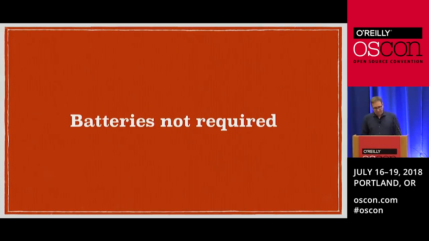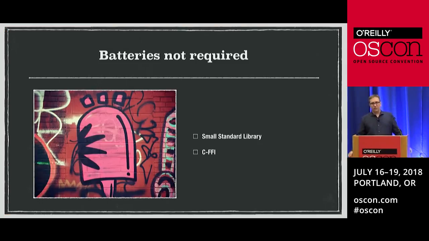So, batteries not required. We were trying to write a high-performance data processing system, and if we really wanted to do that and meet all of our goals for performance, efficiency, and everything else, we were going to pretty much have to write everything from scratch, from the ground up, which meant that things like libraries to do this or that didn't really matter.